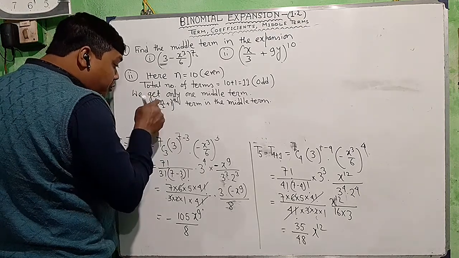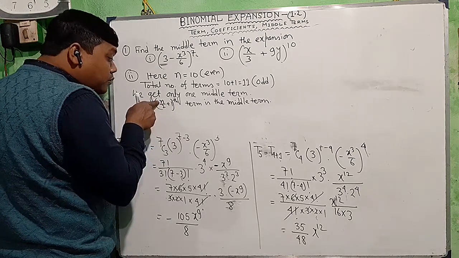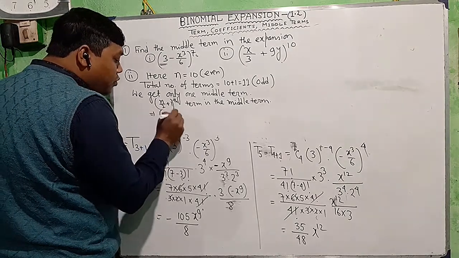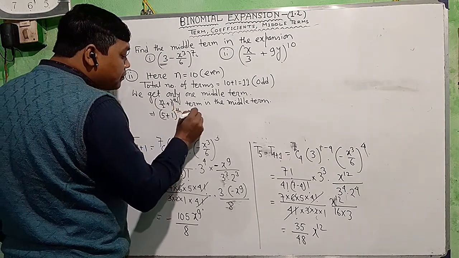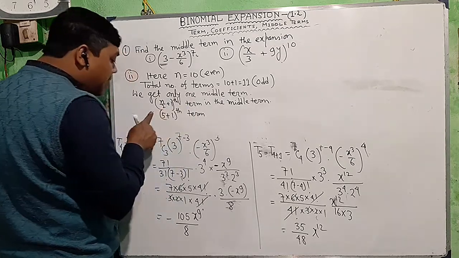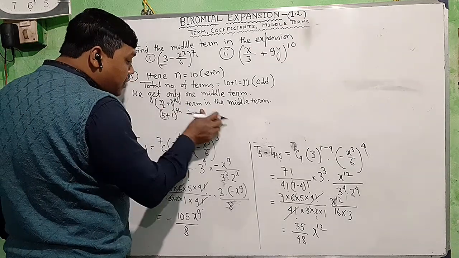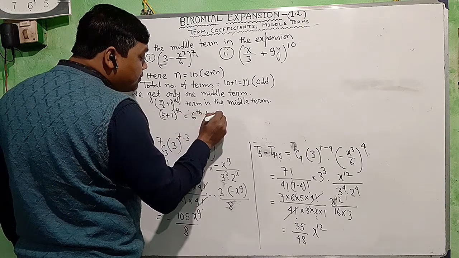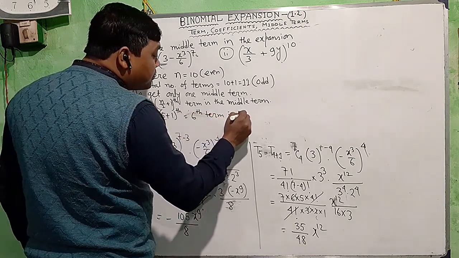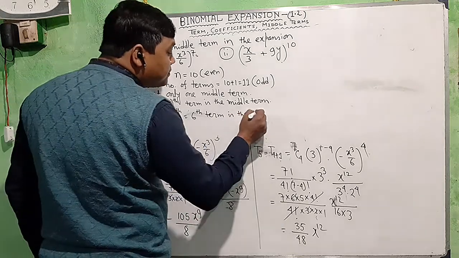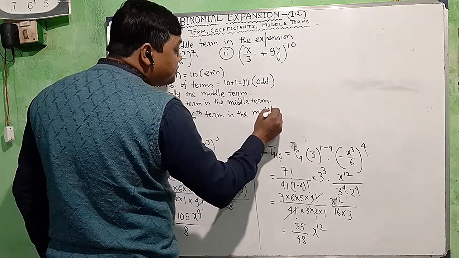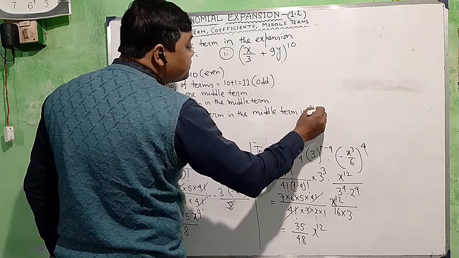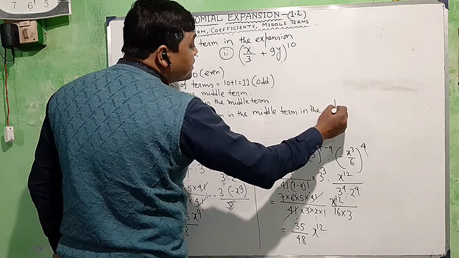So if we put n equals 10, that is 10 by 2, that is 5, 5 plus 1, that is the 6th term. The 6th term is the middle term of the expansion.